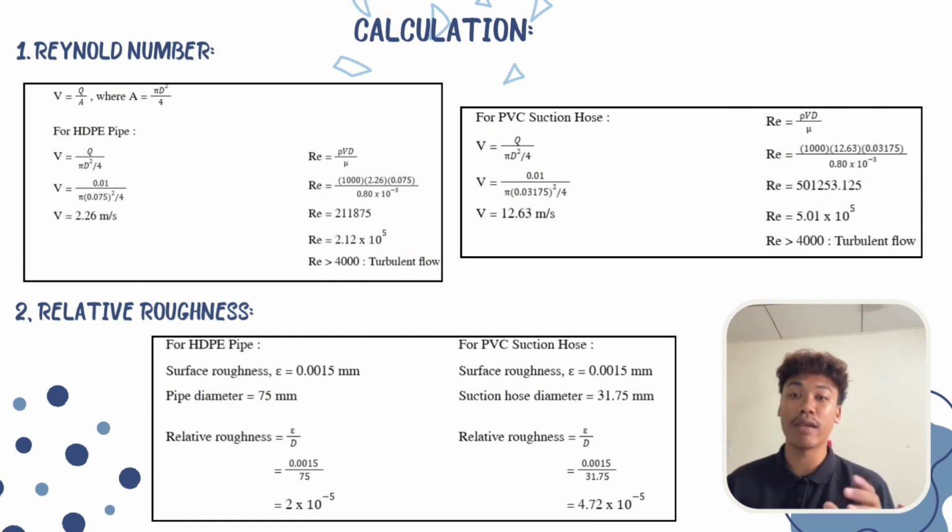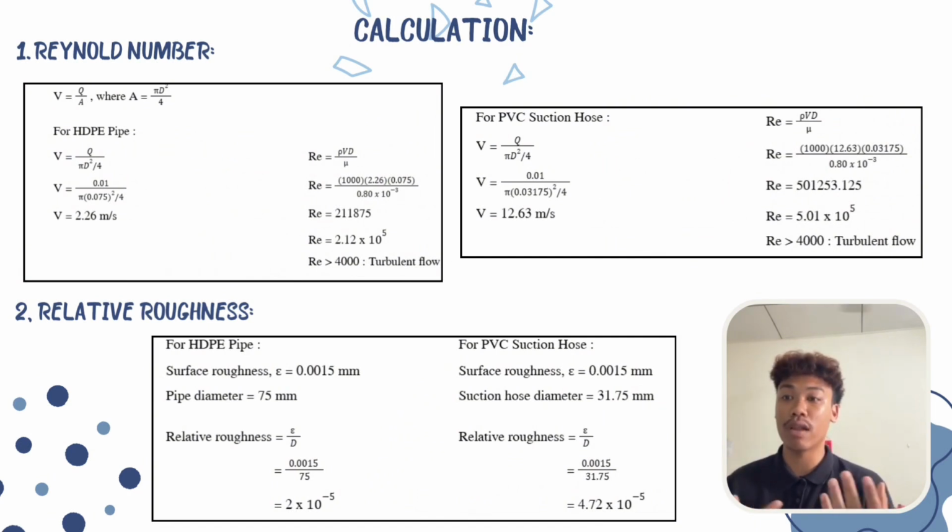When the flow is turbulent, we need to use the Moody chart to find the friction factor. For the friction factor, we need to find the relative roughness first. To calculate the relative roughness, we need to find the surface roughness. In this case, the surface roughness has the same value, which is 0.0015 millimeter.